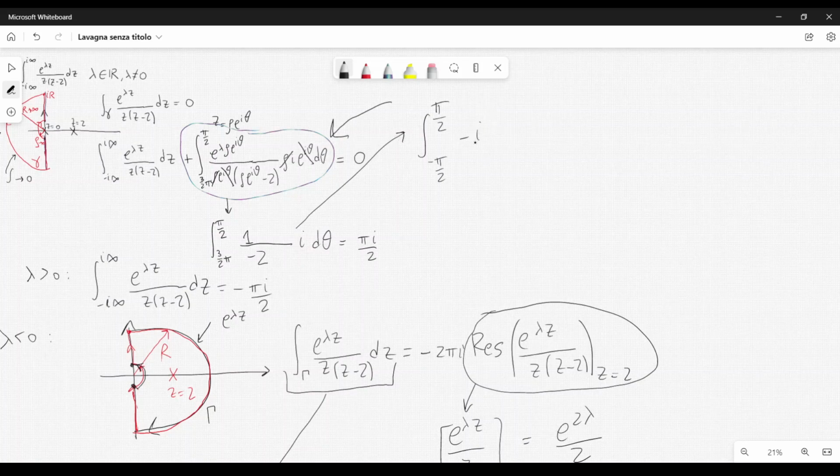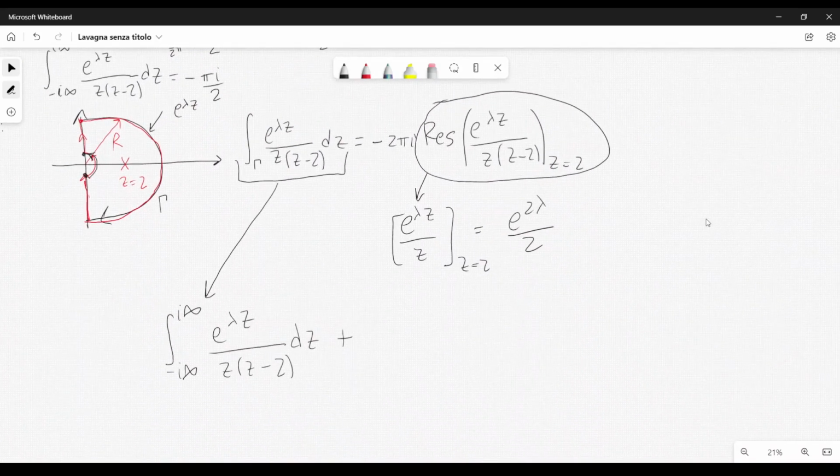So we get minus I over 2 d theta, and this will give me minus pi I over 2. So in here, I will have plus minus pi I over 2 equal to minus 2 pi I times e to the 2 lambda over 2.